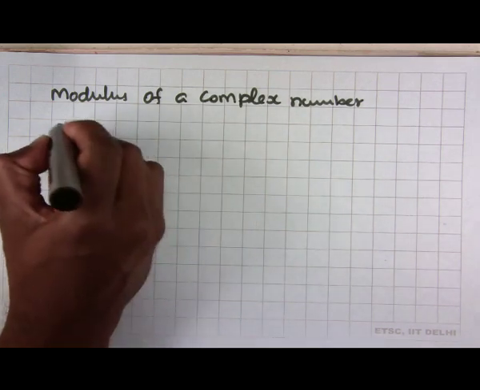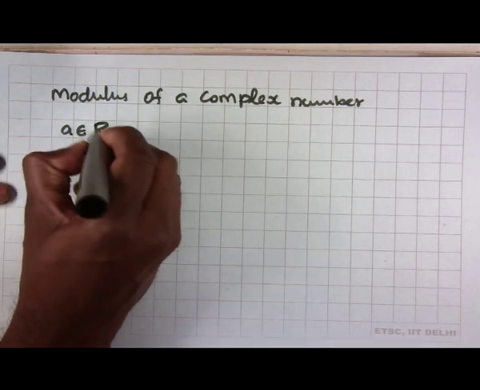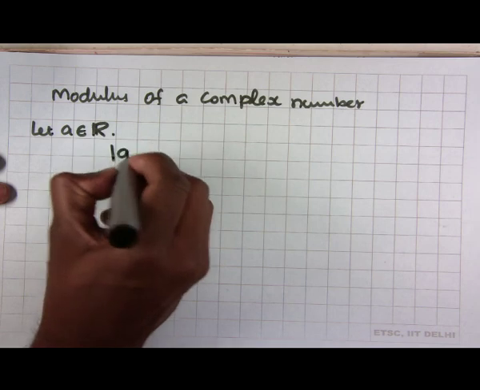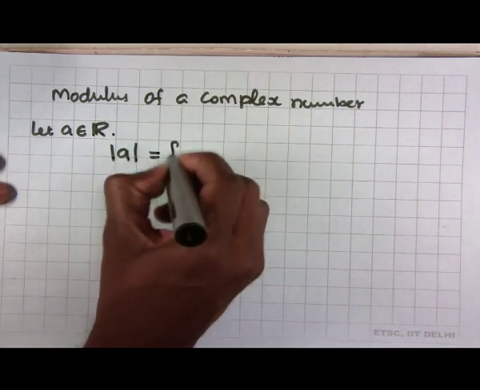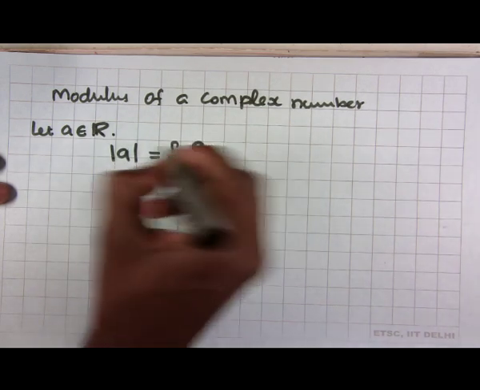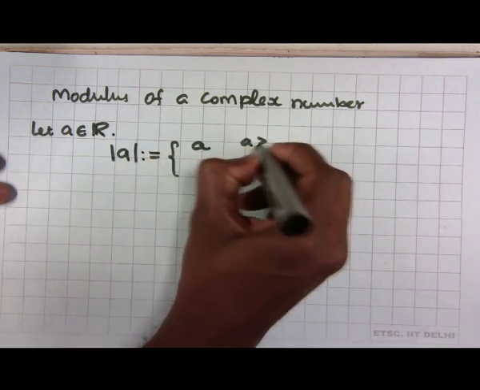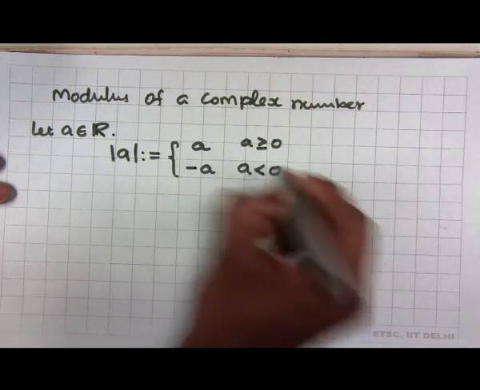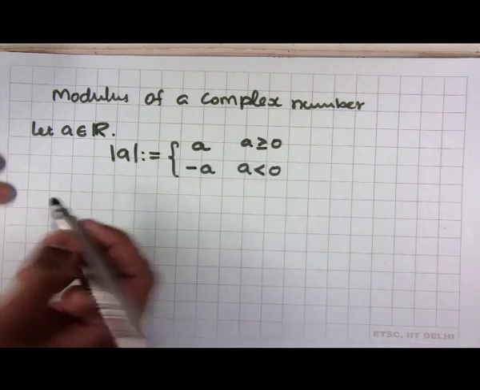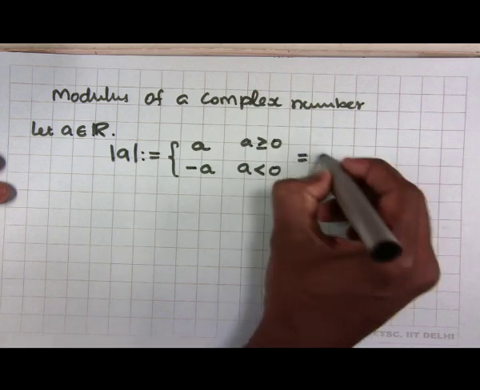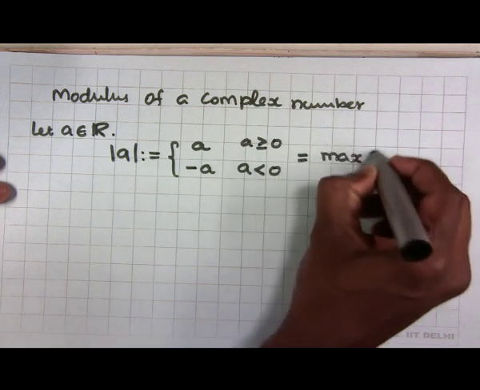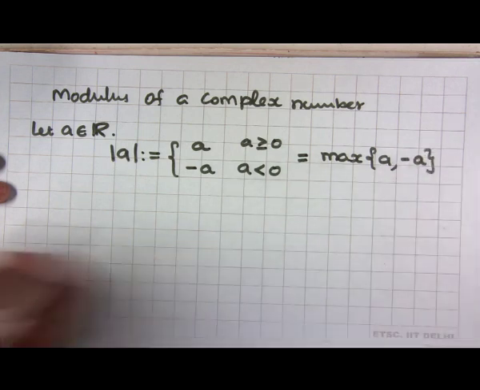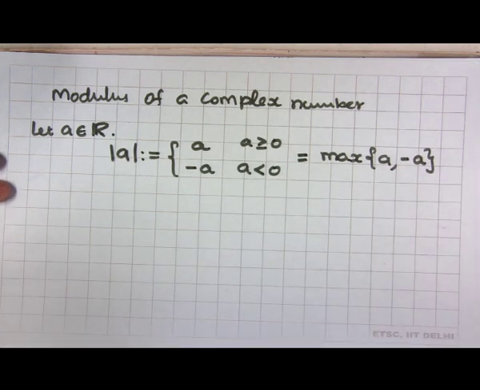For A in real numbers, we define the modulus of A as A if A is non-negative, minus A if A is less than 0. Okay. The same one we could also write as the maximum of A together with minus A. Okay. So, this gives the modulus definition.